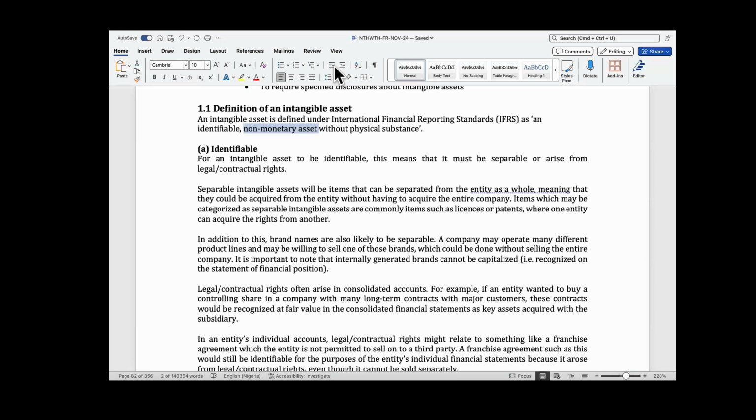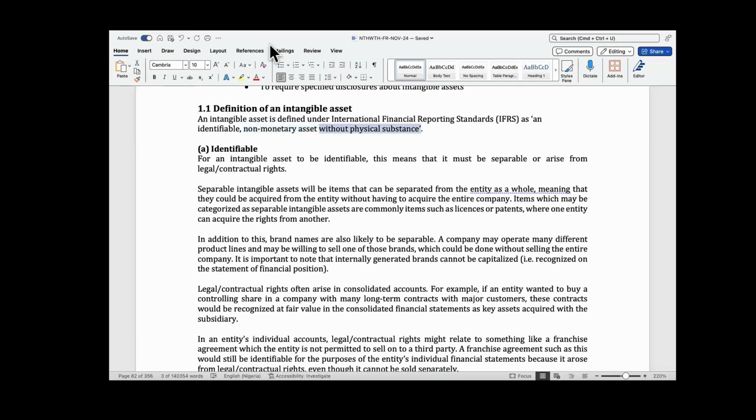So they choose to define intangible assets this way. With this, we now understand what identifiable means. If you see it anywhere else, it means the same thing as far as reporting is concerned: separable or arising from contract or legal rights. Non-monetary, what you are getting from it is not fixed, it varies. And of course, without physical substance.